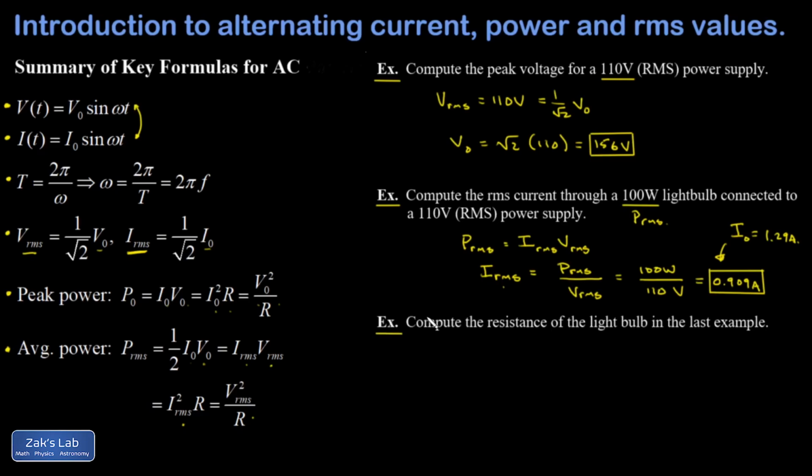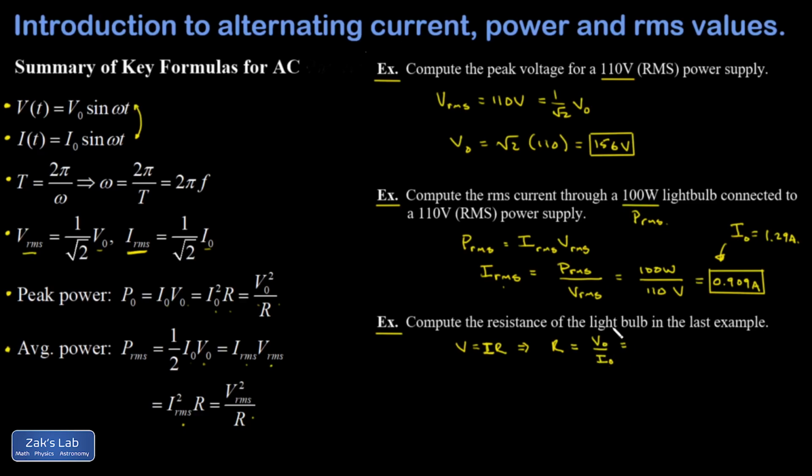Finally, we want to compute the resistance of the light bulb in this last example. Well, we have the current, we have the voltage, so we could just use Ohm's law from that. You don't even have to convert those to peak values because I naught and V naught differ from I RMS and V RMS by exactly the same factor of √2. So I can say R is equal to V over I. Let me just be really specific here and say you could find the resistance from the peak voltage and the peak current.